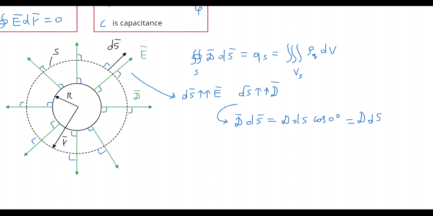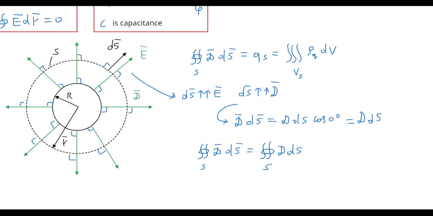It means that we can simplify the surface integral in the Gauss-Flux theorem over S. So we can rewrite this without vectors, for the absolute values of vectors D and dS.